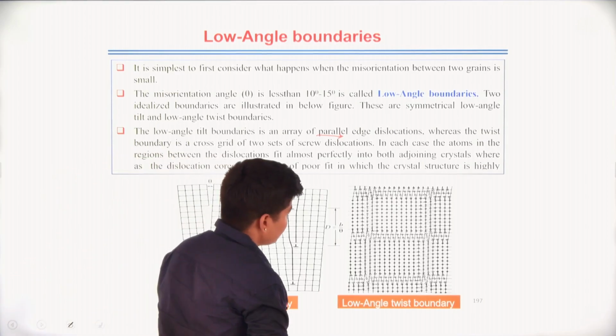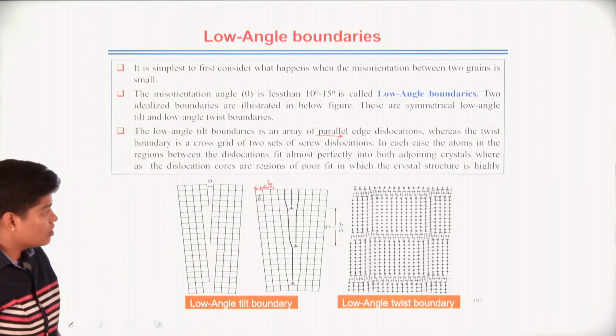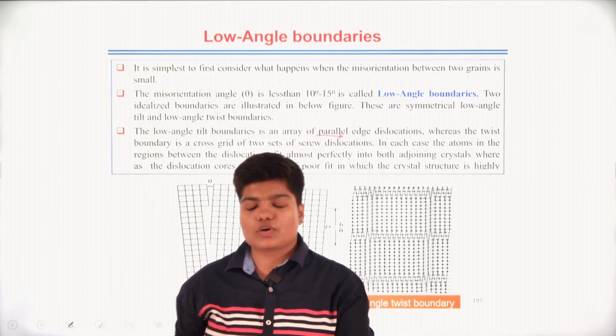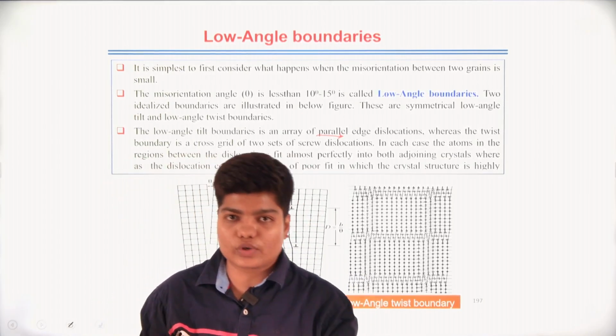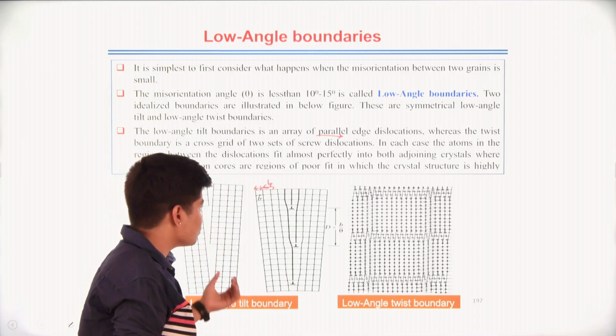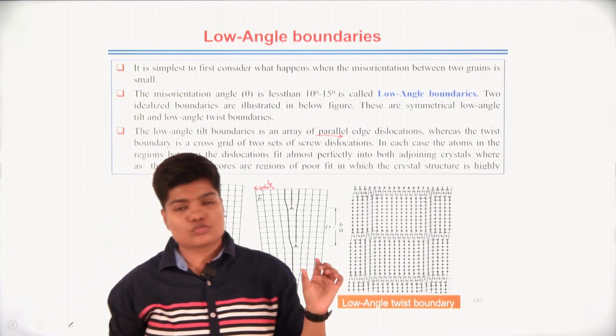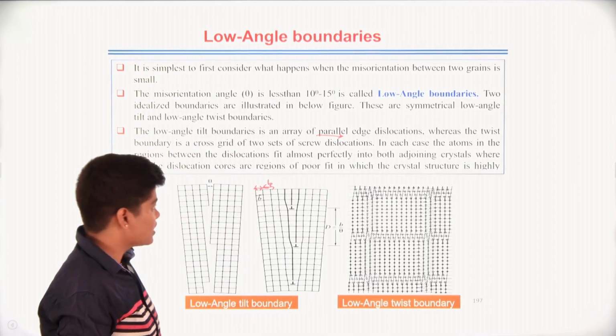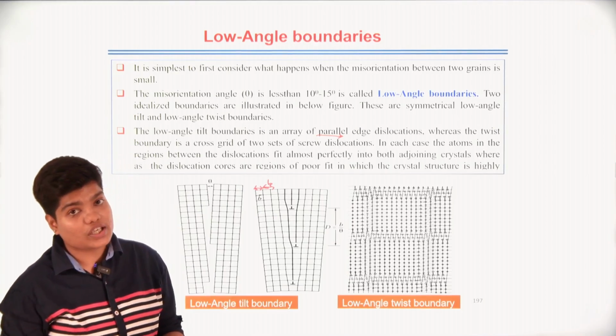One important thing: in the small angle case, the lattice points or atoms can fit perfectly together at the boundary. Due to the small free volume and small distortion, we can fit any lattice point. But in the case of a high angle boundary, we cannot fit.